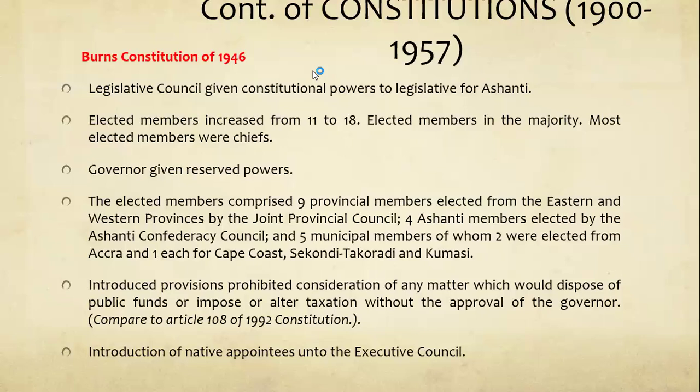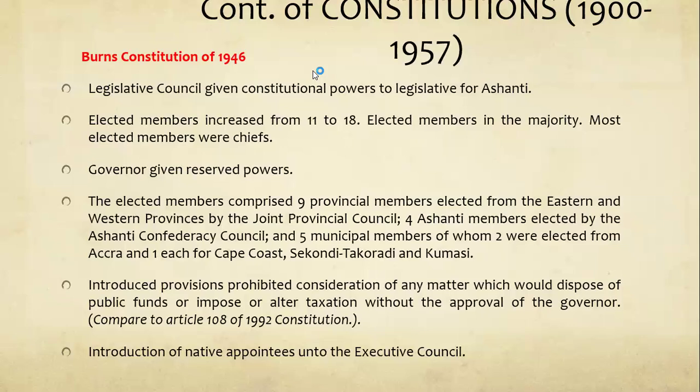But if you look at the 1946 Constitution closely, the elective principle was qualified or specially calibrated in a certain way. If you look at section 32 of that constitution, for example, it stipulated language and property qualifications for those who were to be elected from the municipal members, that is from Accra, Cape Coast, Sekondi, and Kumasi.